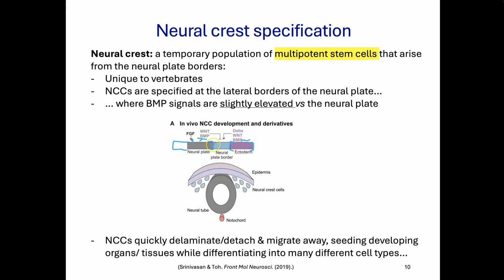But what you have in the region between the two, oh, and remember that there are neural cell adhesion molecules being expressed here, and then there are epidermal cell adhesion molecules being expressed here.